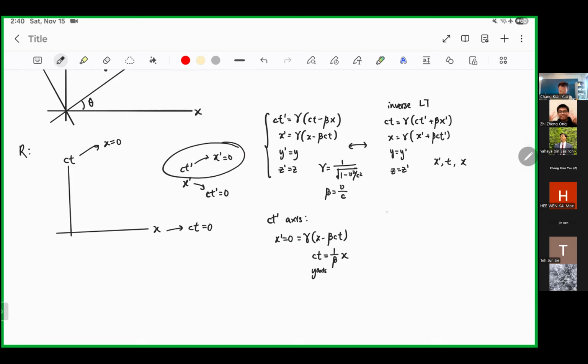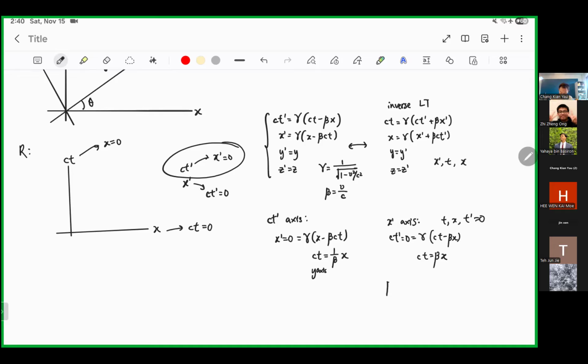Similarly, if you do it for the x prime axis, t prime equals 0 equals gamma. We're using this equation because we need the equation that has t, x, and t prime, because this is 0. So gamma (ct minus beta x), so ct equals beta x.